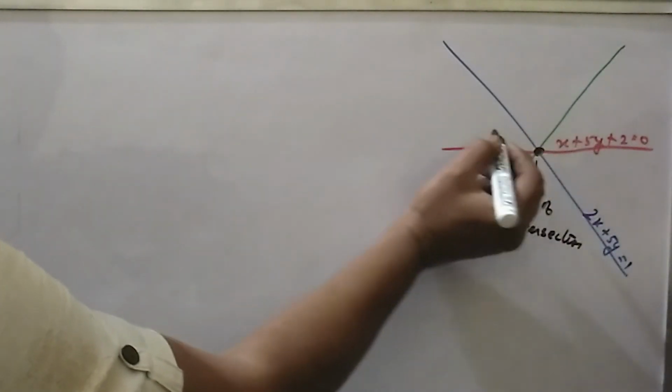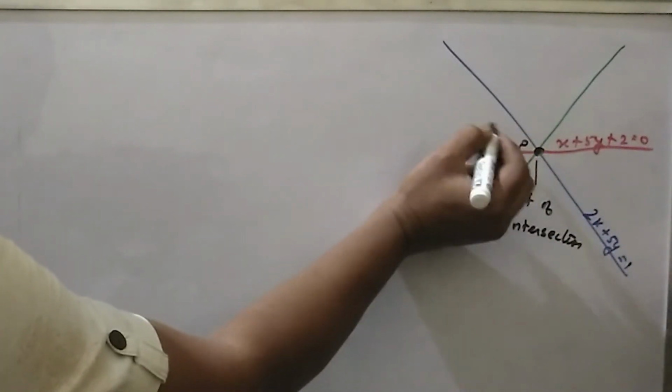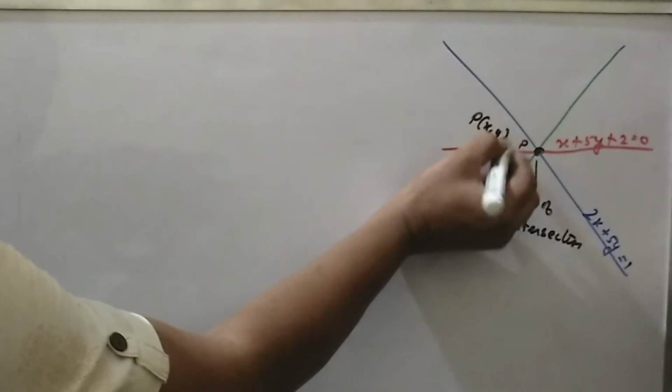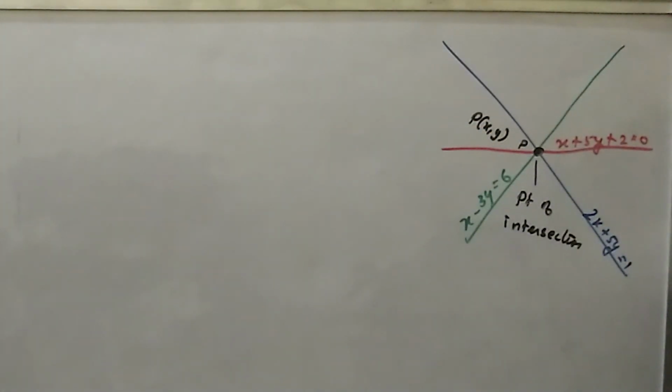Okay, so take this point P as x, y. Coordinates of the point P is x, y. So what you have to do is take any two equations and get the point P, either by elimination method or substitution method. Okay, find the point P. After that, put this P value in the third equation and check whether left hand side is equal to right hand side.